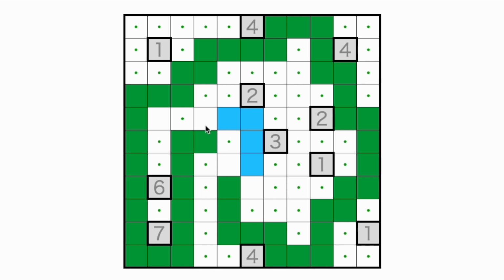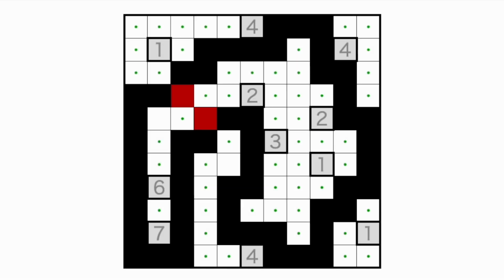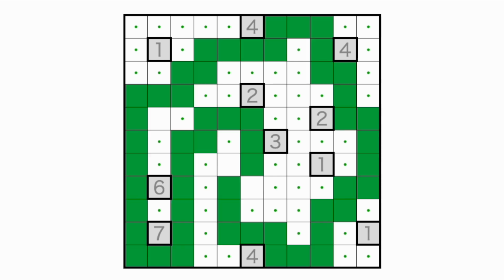Because if this connects here, we now have a corner that is connected, and that is not allowed by the rules. The loop touches itself diagonally. So how did we get there, and what did we do wrong?